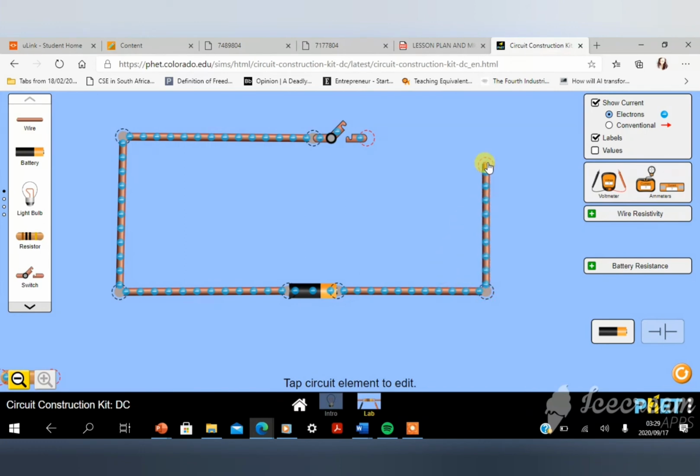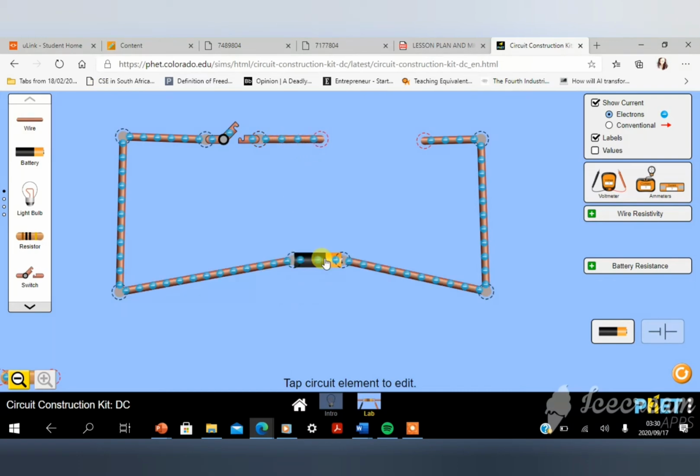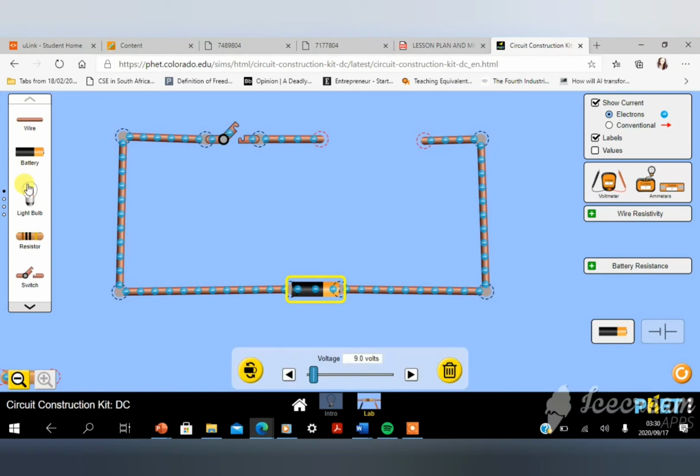Make sure that it goes onto the side before I add the bulb, because our bulb is going to show us if there is a flow of current or not. Then finally I put my bulb on, and then I'm going to close the switch and open it, and we're going to see what happens.